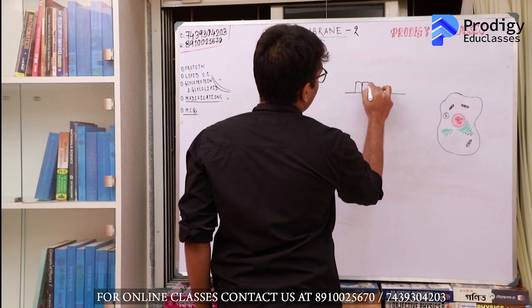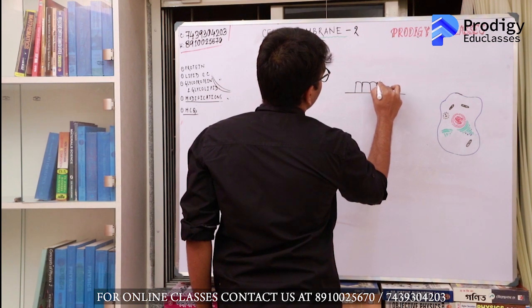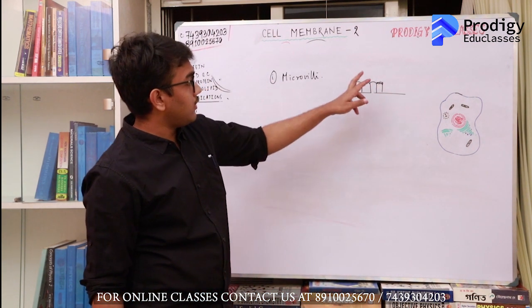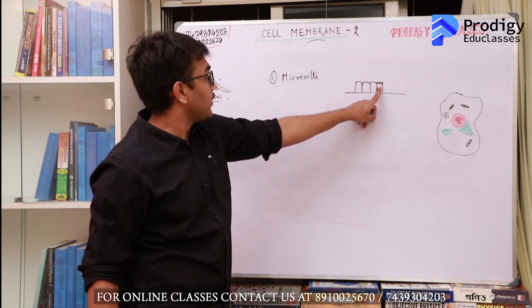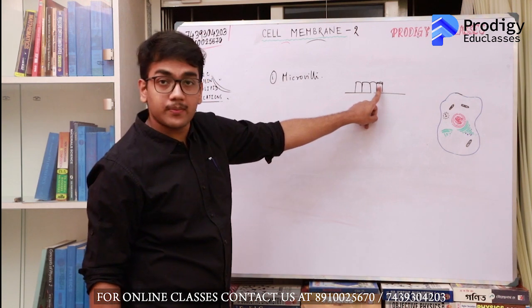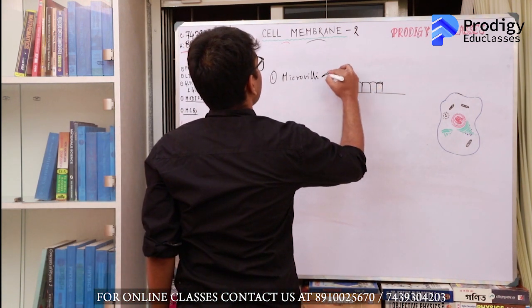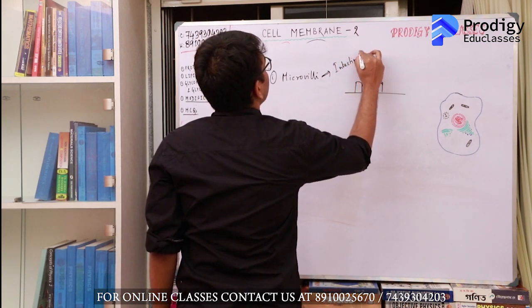These are actually foldings of the cell membrane which increase the surface area for the absorption of various substances. Okay, so you'll find microvilli in the intestinal epithelial cells.